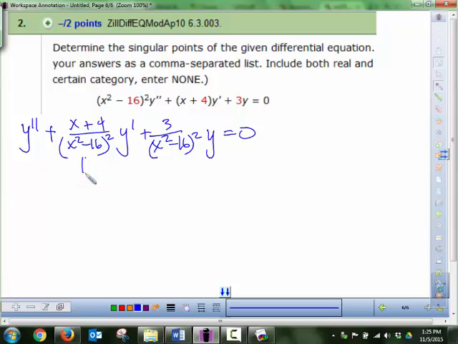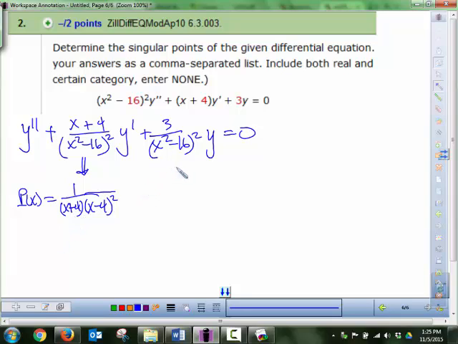So our p function here is equal to 1 divided by x plus 4 and then x minus 4 squared. If you factor this out, take out the duplicates, and cancel out the x plus 4 on top, this is what you should have.